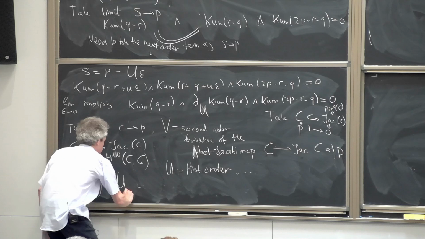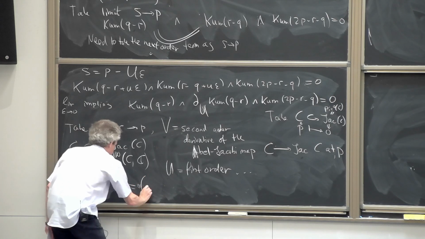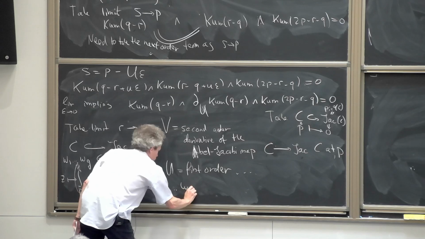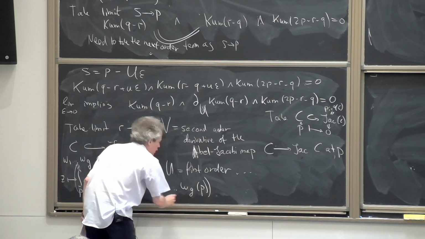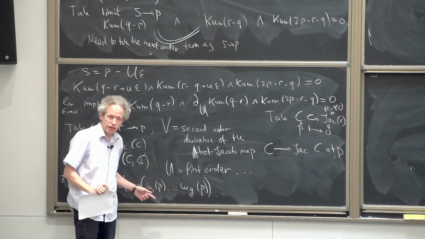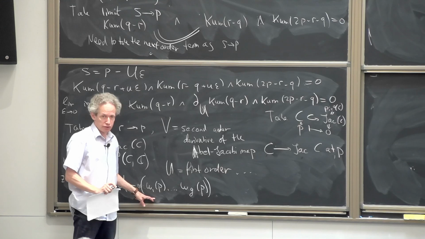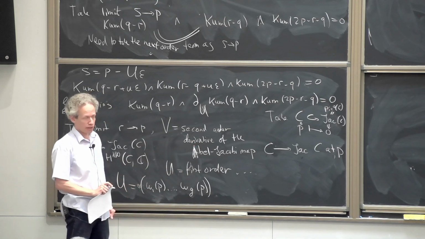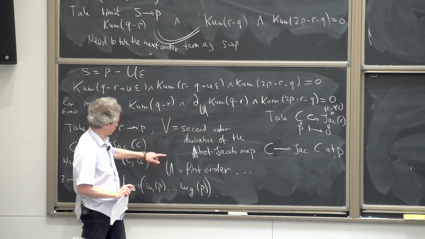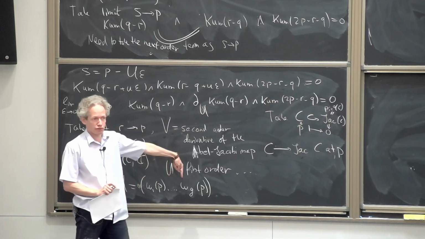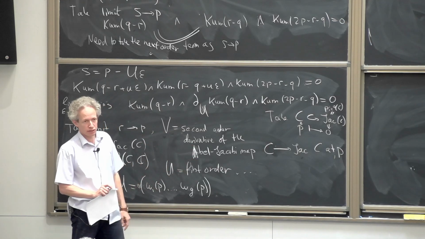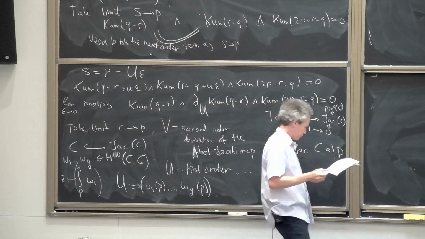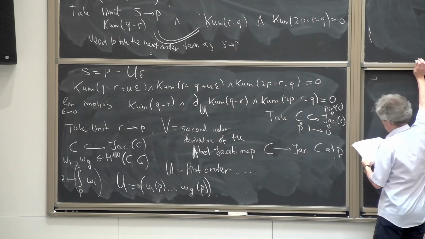So it means U is just the vector of omega 1 of P to omega g of P. This is not well defined, right? These are values of differentials, but as a point of the projective space, which is really all I care about, this is well defined. And similarly, the second order derivatives are the derivatives of this, which are quadratic differentials at the point P.